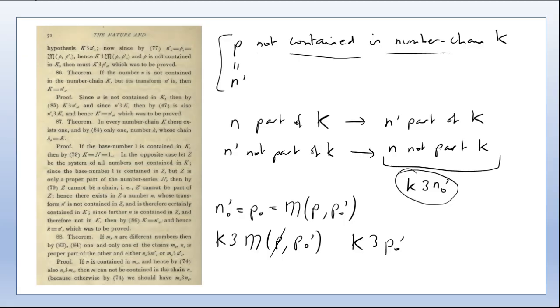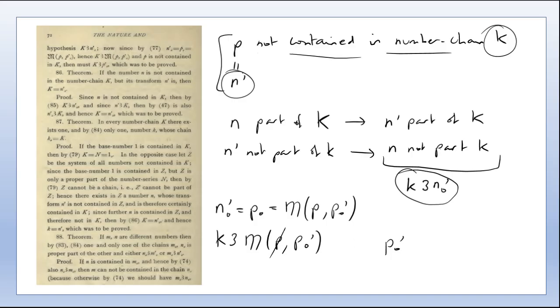I can't remember what was to be proved, to be honest with you. We assumed that N primed is not contained in the number chain K, and what we found is that K is a part of effectively N naught primed.